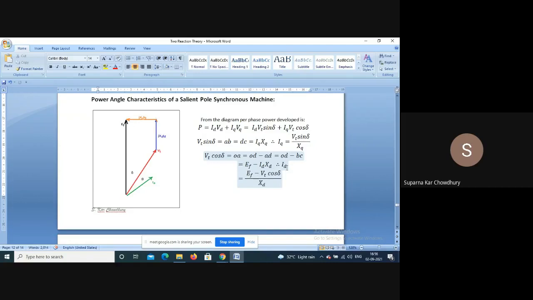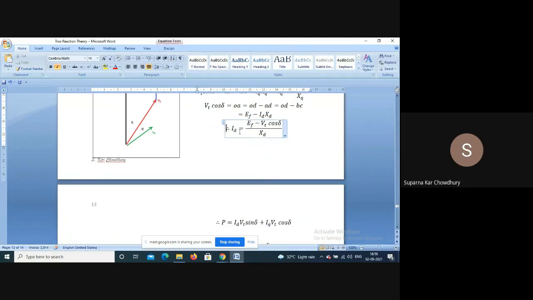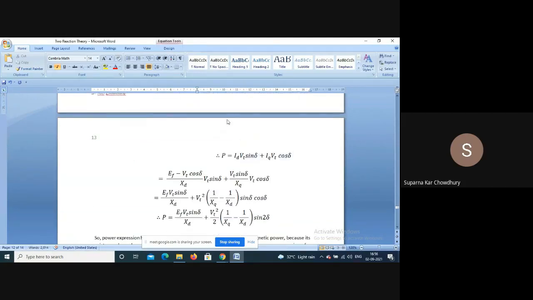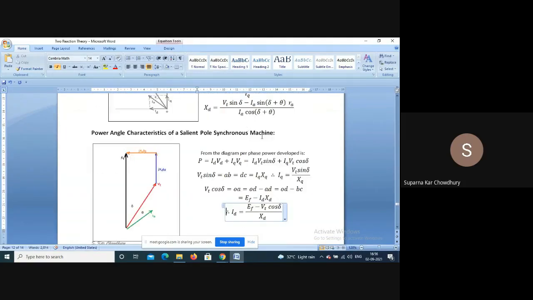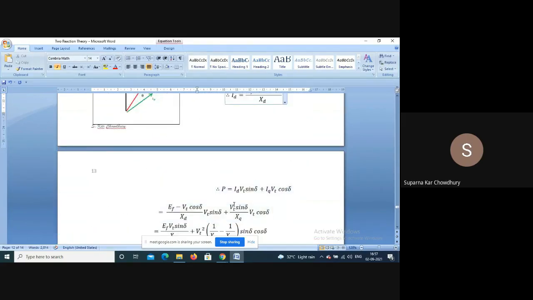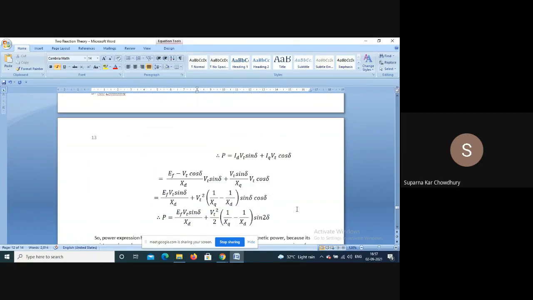So Iq is equal to Vt sine delta by Xq, and Vt cos delta, this component is Ef minus IdXd. So our Id is equal to Ef minus Vt cos delta by Xd. So these two values we put in the power equation: Id into Vt sine delta plus Iq into Vt cos delta.